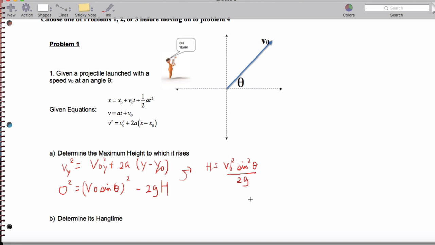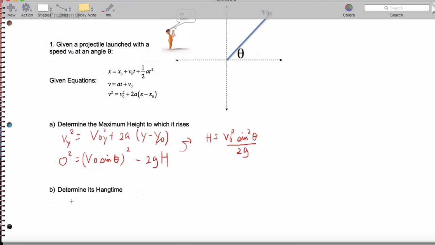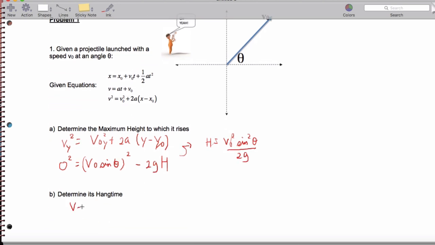Now, let's determine the object's hang time, shall we? So, v equals at plus v naught, but let's use our projectile equations. 0 equals negative g times t plus v naught sine theta. This is just the time to go up.